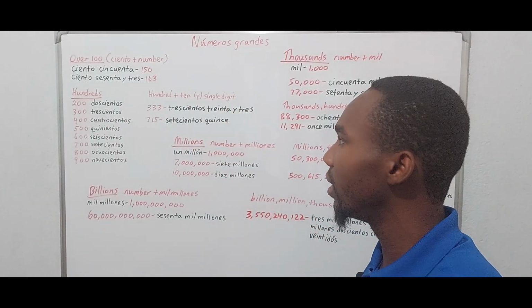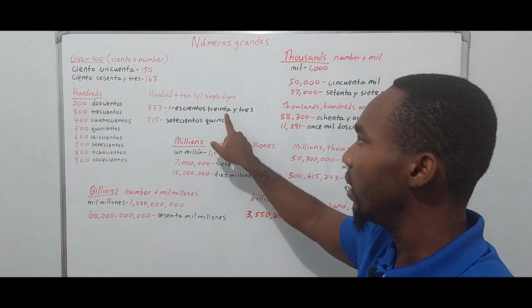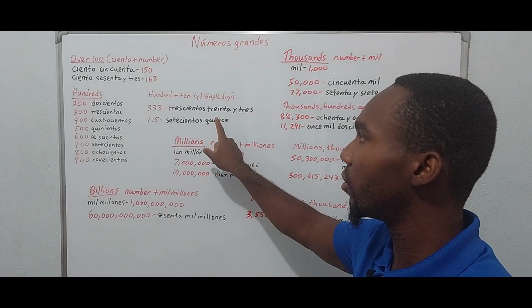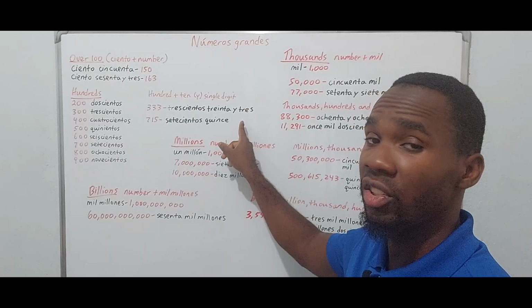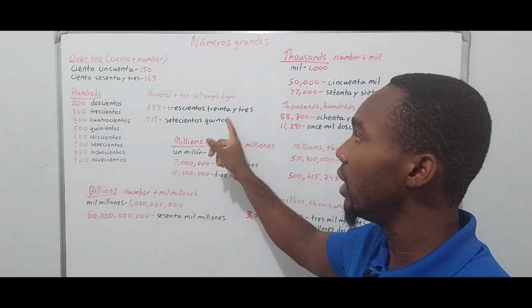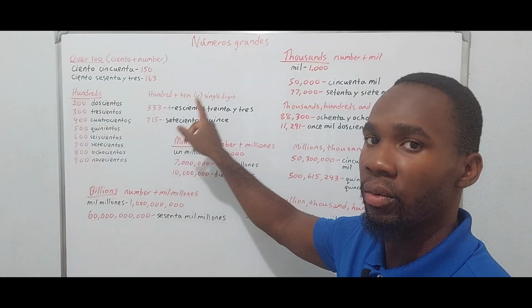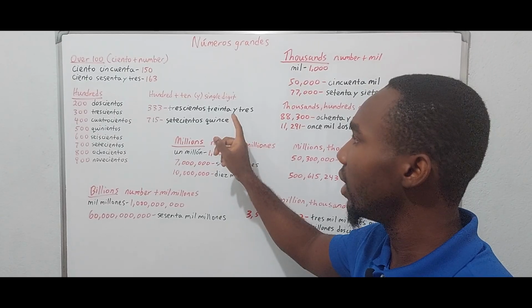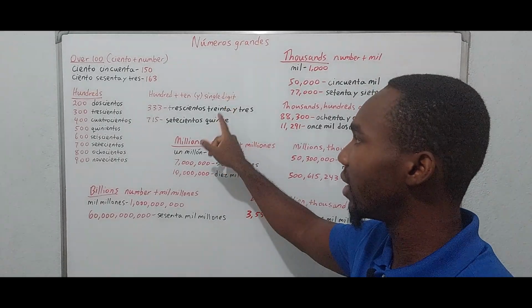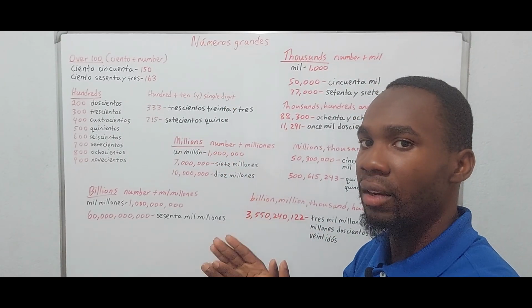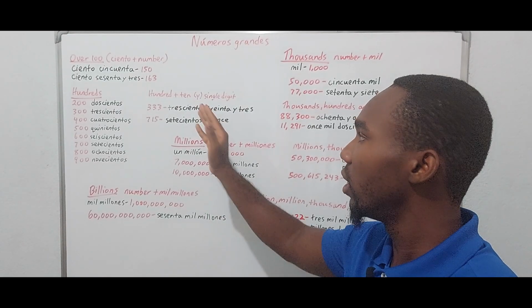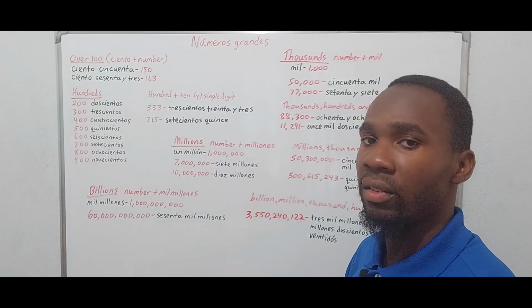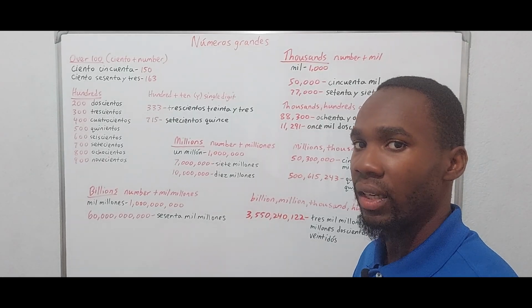What you would notice is that the E is only used to separate the 10 from the single digit. We do not use E to separate the hundreds from the 10. So we only use the E if we have a 10, only to separate the 10 from the single digit. This is why 33 has E within it.